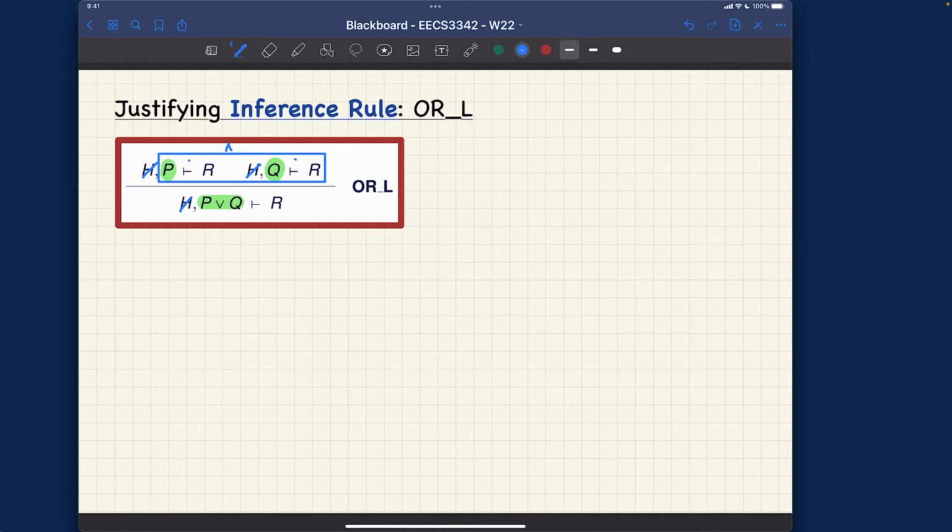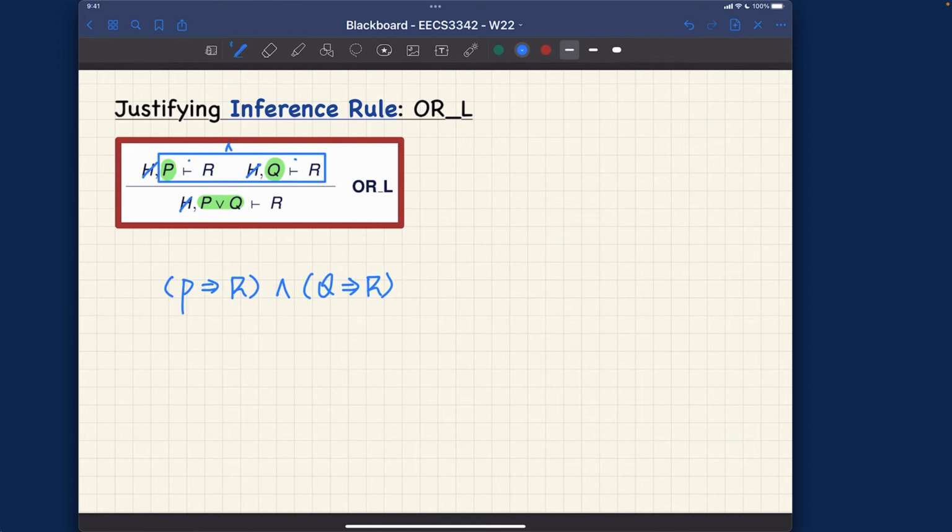The left one will be P implies R, and independently Q implies R, right? If I can prove this, that means I would have already proved this, because to prove this, it would be sufficient to prove this, right? So you should really know the informal meaning for inference rule pretty well by now, right?